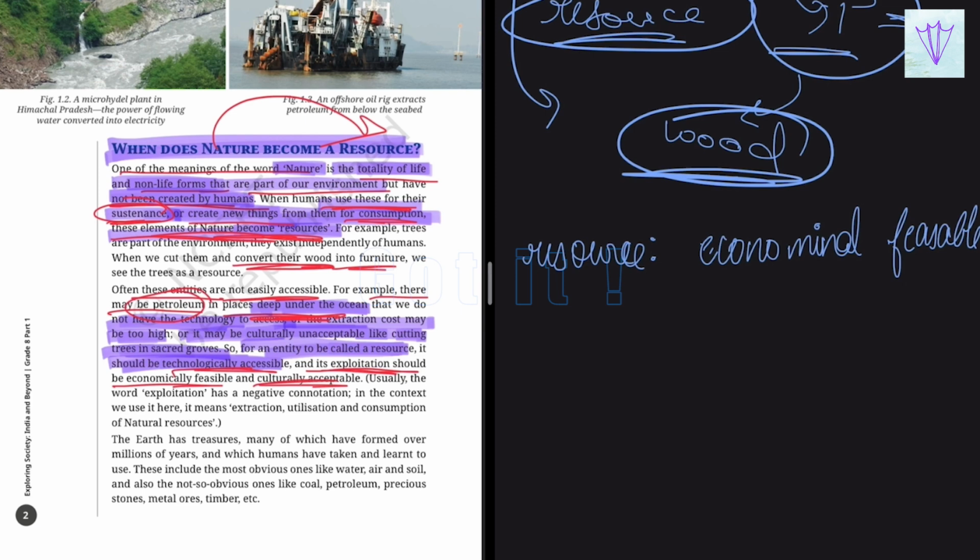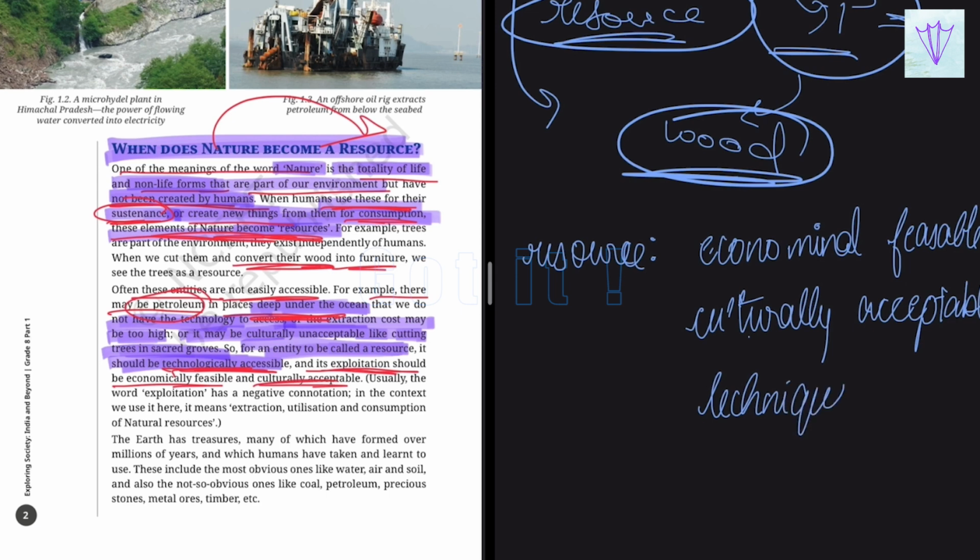The second point is that it should be culturally accepted by people, so it should not have any religious importance. And it should also be technologically accessible to us, so we should have the techniques to extract it. These are the three main things.